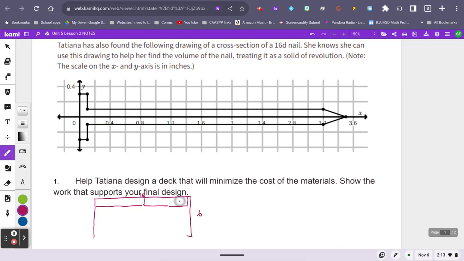But if you remember, each one across has a width of only half a foot. So for every two planks, it's 1 foot. So to get 6 feet on this side, we're going to need 12 going down, and we're going to need a total of 24 planks.